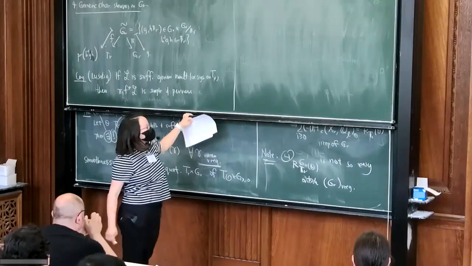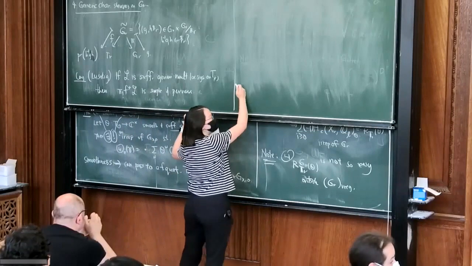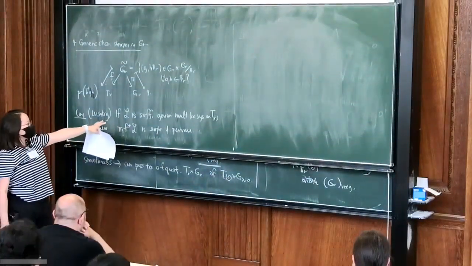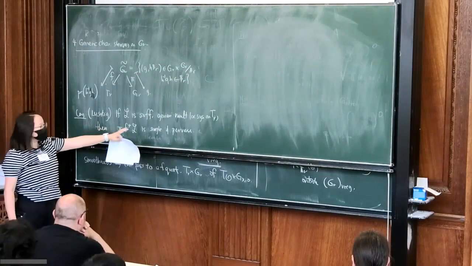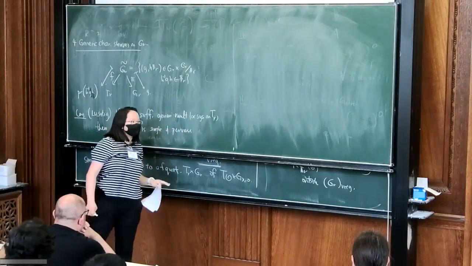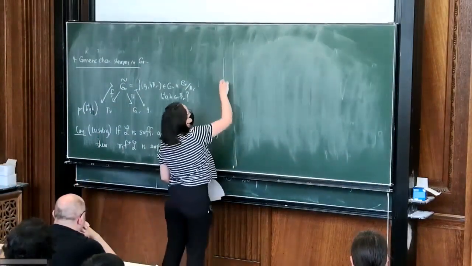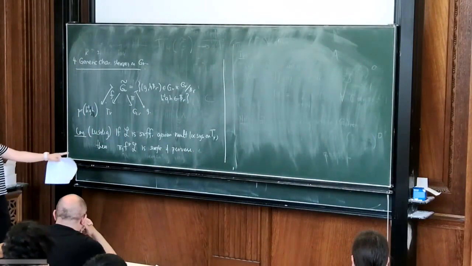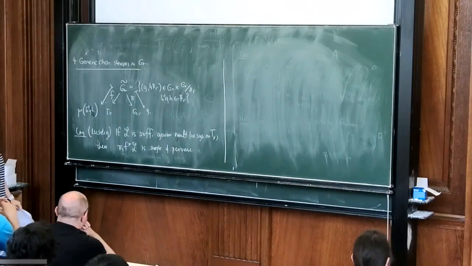I will say something about those later. Yes, this is not the full class of all in general position local systems on TR. That's correct. However, the conjecture is only that for the sufficiently generic ones, this thing is simple and perverse.